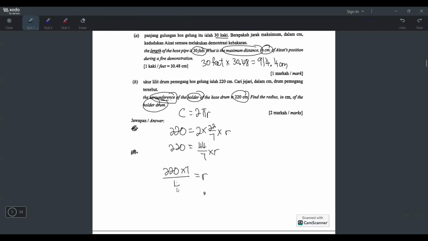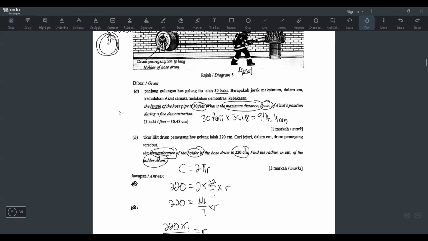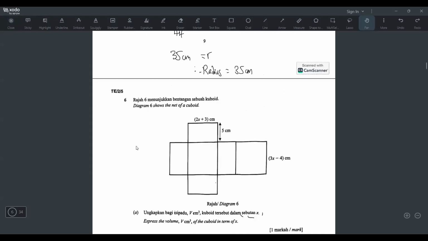Now you press this whole thing to get your final answer. So let me press. Okay, my calculator gives me 35, right? So the radius is 35 cm. They say find the radius, so I'll just write radius is 35 centimeters. So this question is quite easy. Okay, so that's all.